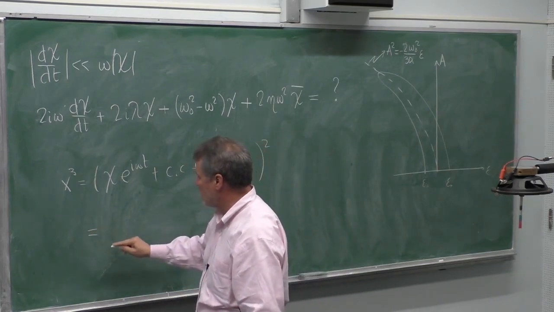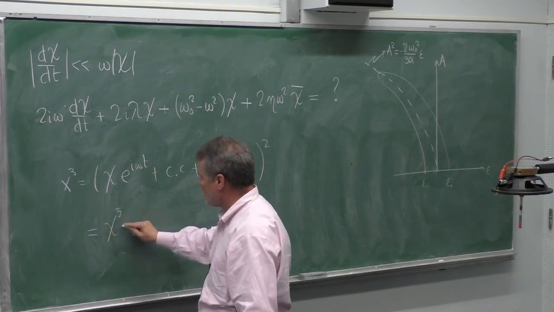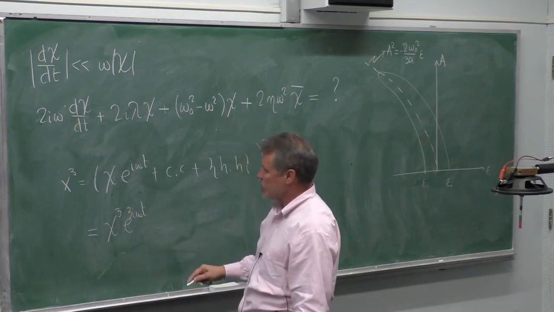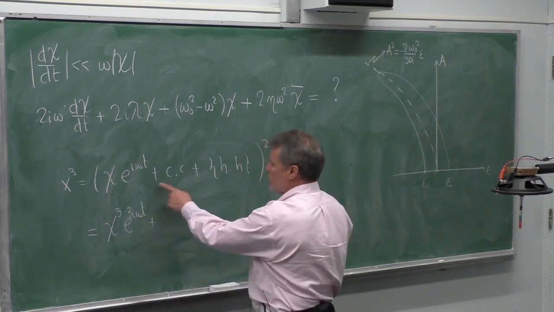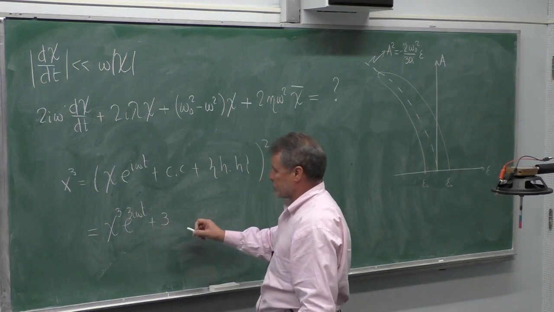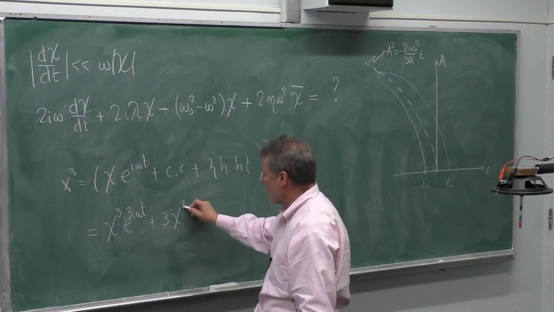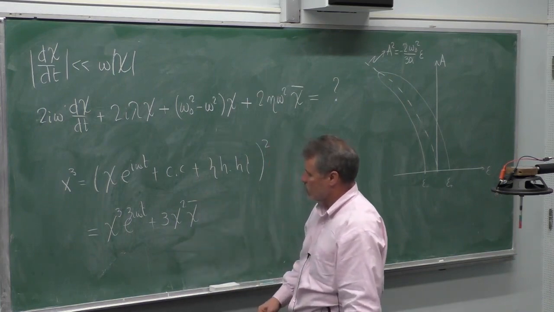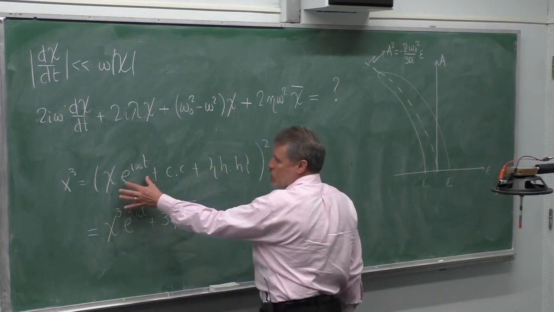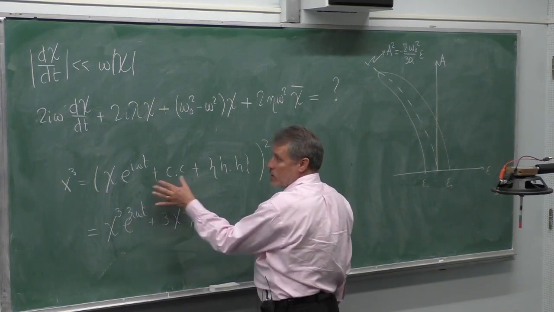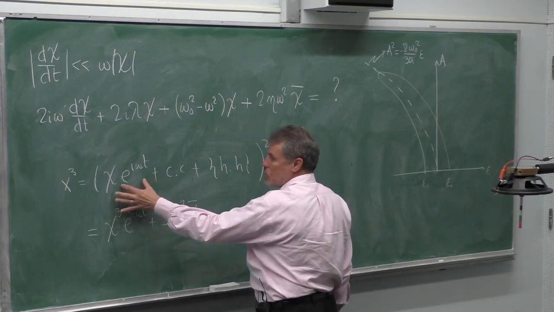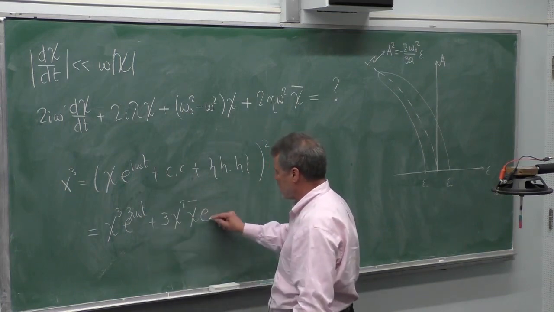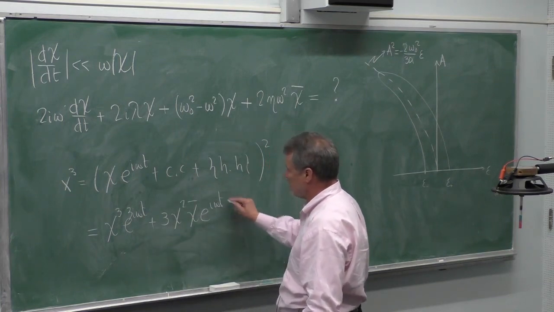This is going to be equal to χ³ e^{3iωt}, that is the cube of the first term. We're going to have 3 times χ squared times χ complex conjugate, the square of this times this, which brings e^{2iωt} times e^{-iωt}. That gives us a term e^{iωt}.